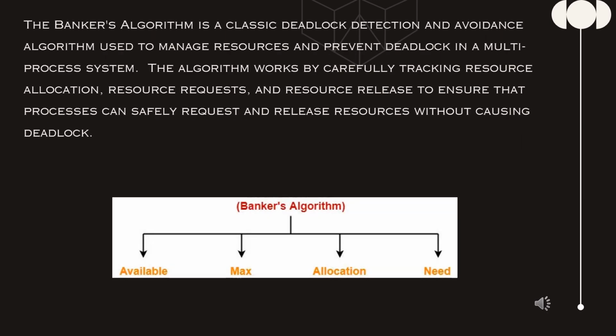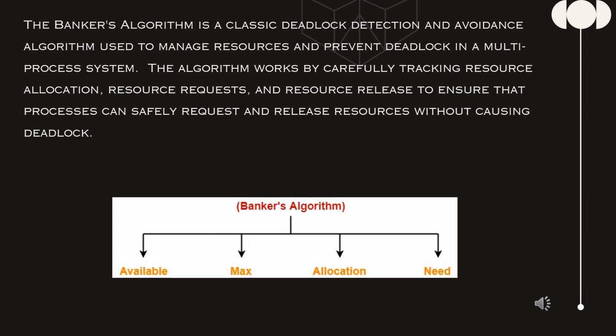The Banker's algorithm is a classic deadlock detection and avoidance algorithm used to manage resources and prevent deadlock in a multi-process system. We shall treat the rows in the matrices allocation and request as vectors and shall refer to them as allocation and request respectively. The detection algorithm described here simply investigates every possible allocation sequence for the processes that remain to be completed.